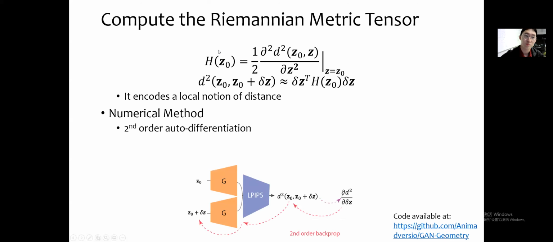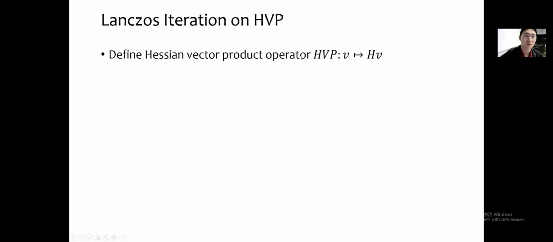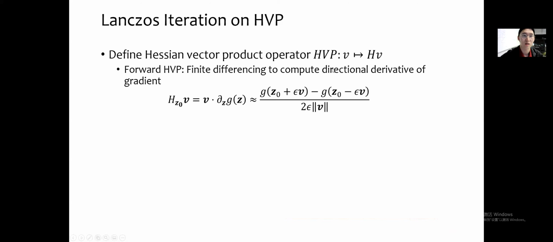So how do we compute this Hessian matrix or Riemannian metric tensor? We can first perform direct second-order auto-differentiation, which is supported in most modern ML frameworks like PyTorch and TensorFlow. Or we can apply Lanczos iterations to a Hessian vector product operator to compute the top eigenpairs. We can define the Hessian vector product operator as following.